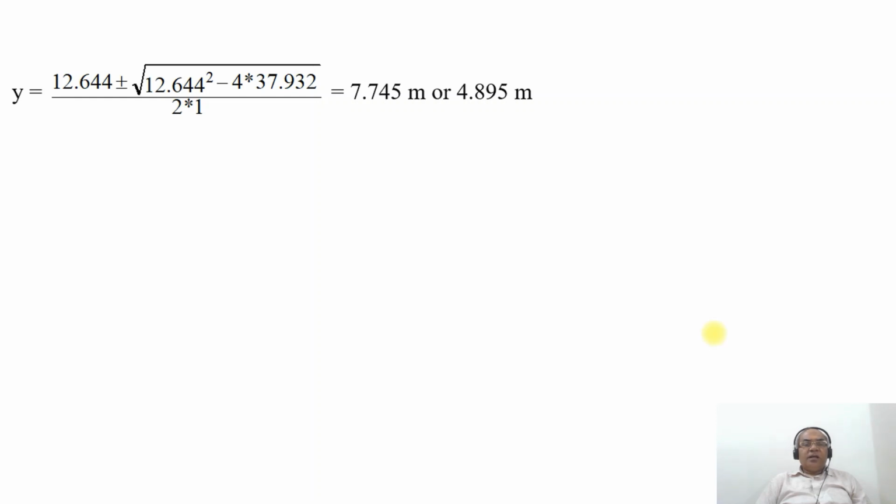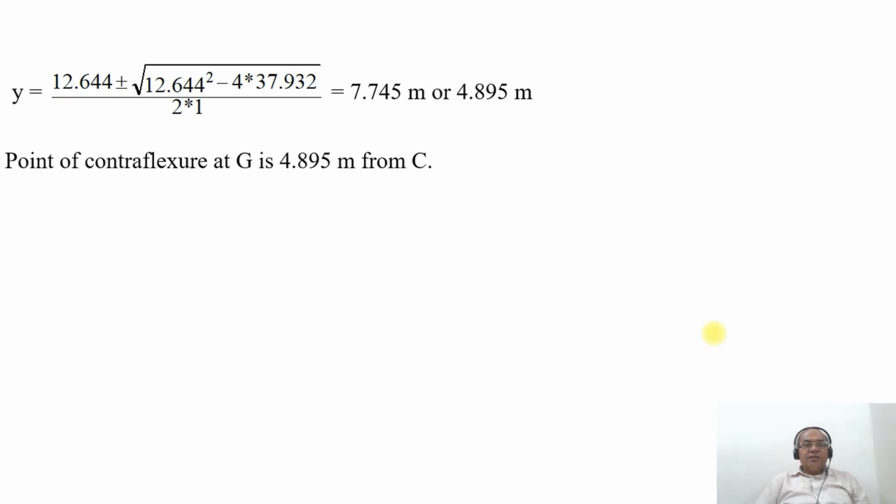By using the quadratic equation, y will be equal to 12.644 plus or minus root of 12.644 square minus 4 into 37.932, all divided by 2, which is equal to 7.745 meters or 4.895 meters.